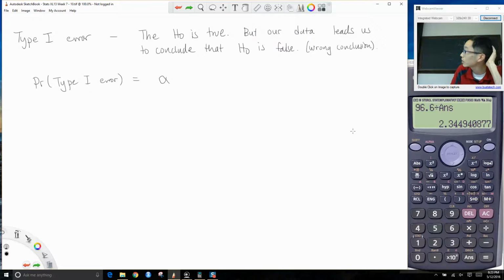Okay? So you might ask, well, why don't I just use alpha equal to like 1% or 0.5% or something, because I don't want to make this error, okay? Well, the flip side is making the other kind of error, okay? And so there's a type 2 error. And I know we creatively named these errors.